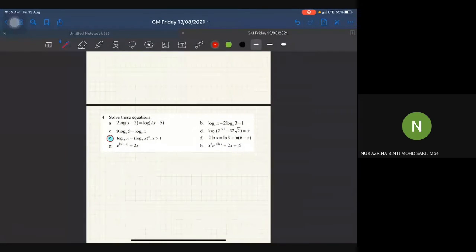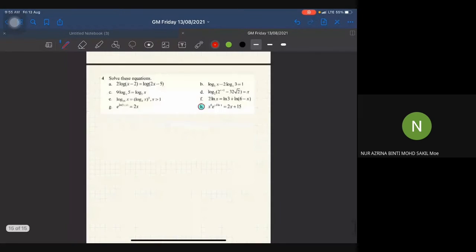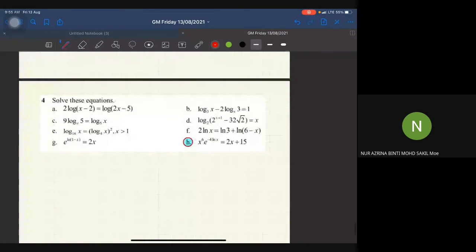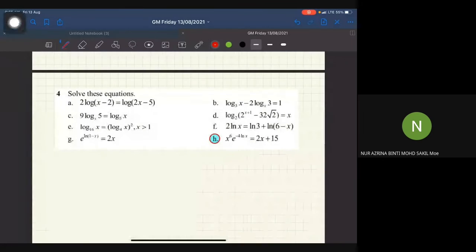So, untuk log kan. Okay, so untuk H, H ni pun dia sama juga macam yang tadi. Soal nombor 3 tu. So, this one over here, you can try to simplify this expression.